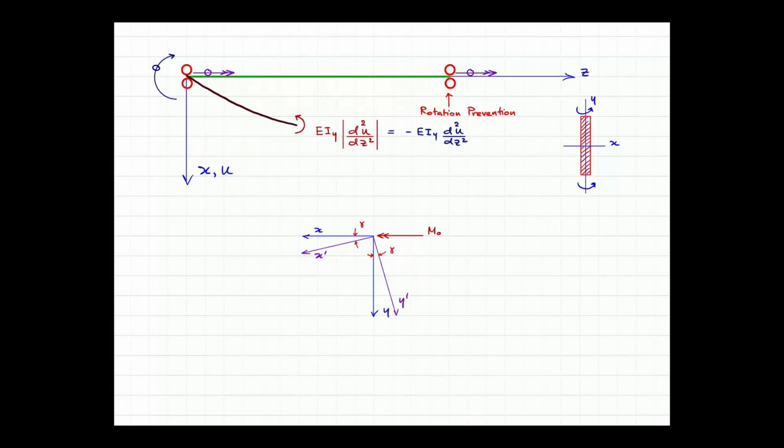So here is the cross section before the lateral and torsional buckling.